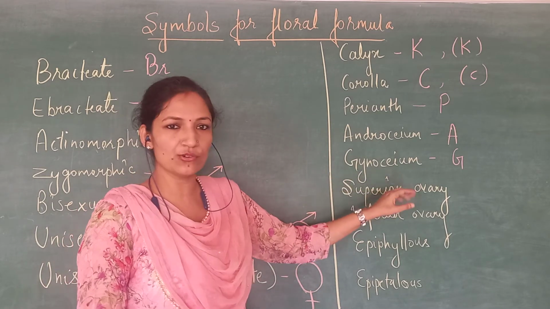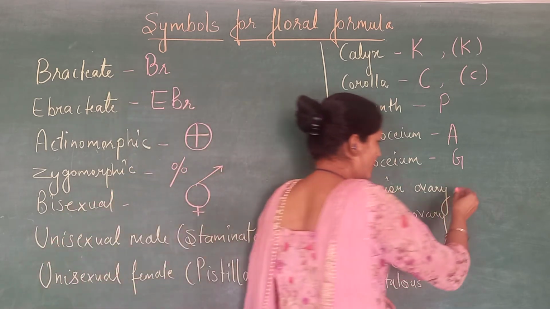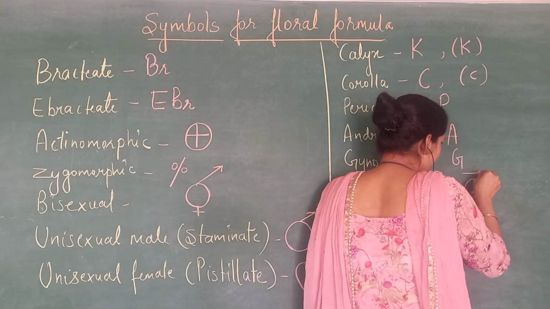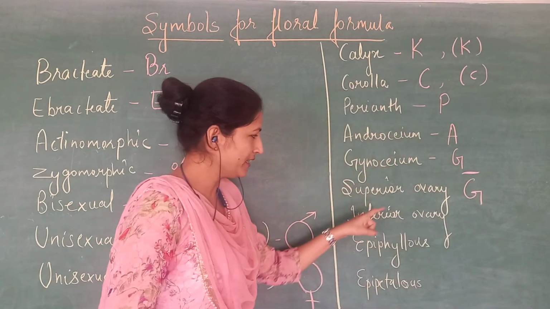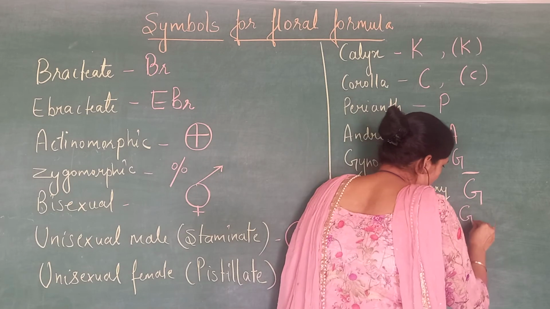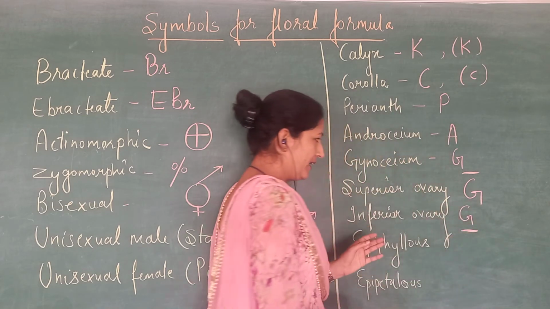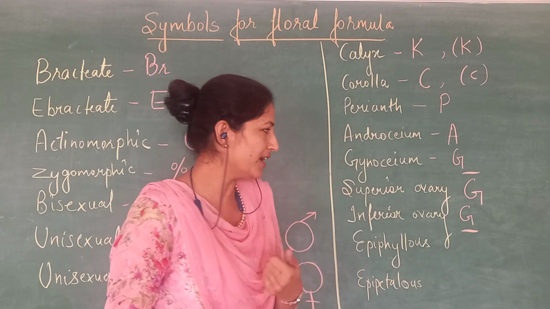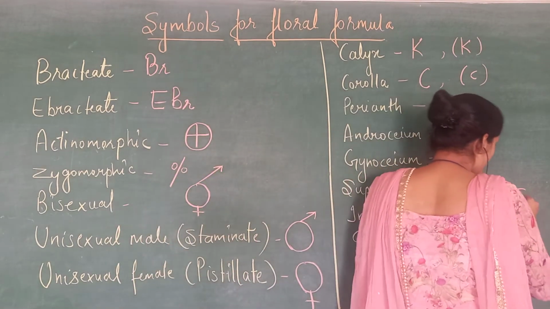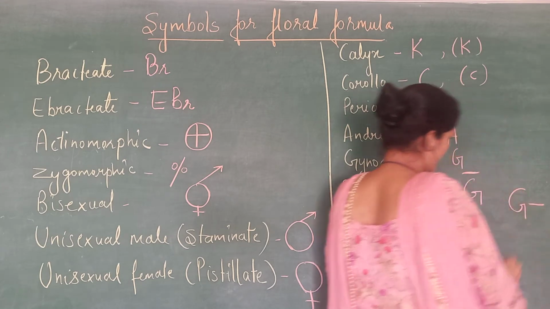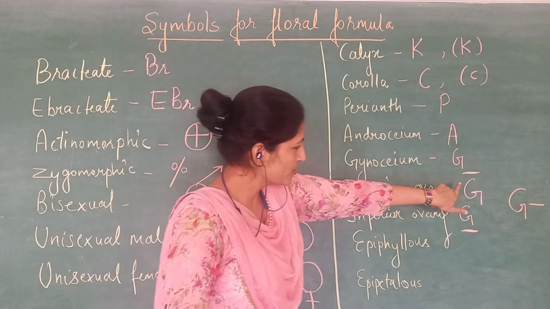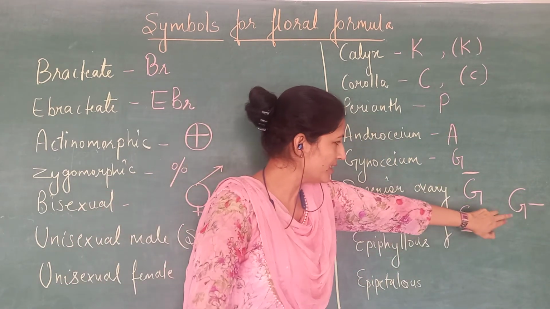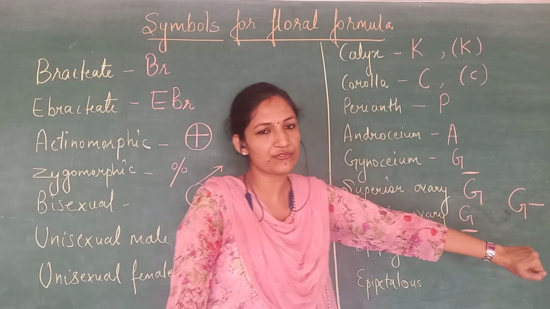In that case, the ovary is superior, so we are going to represent it in this way. And for inferior, we are going to put this dash at the base. And the third one, perigynous, where the ovary is half inferior, half superior, is represented like this. So this is superior ovary, inferior ovary, and half inferior, half superior.